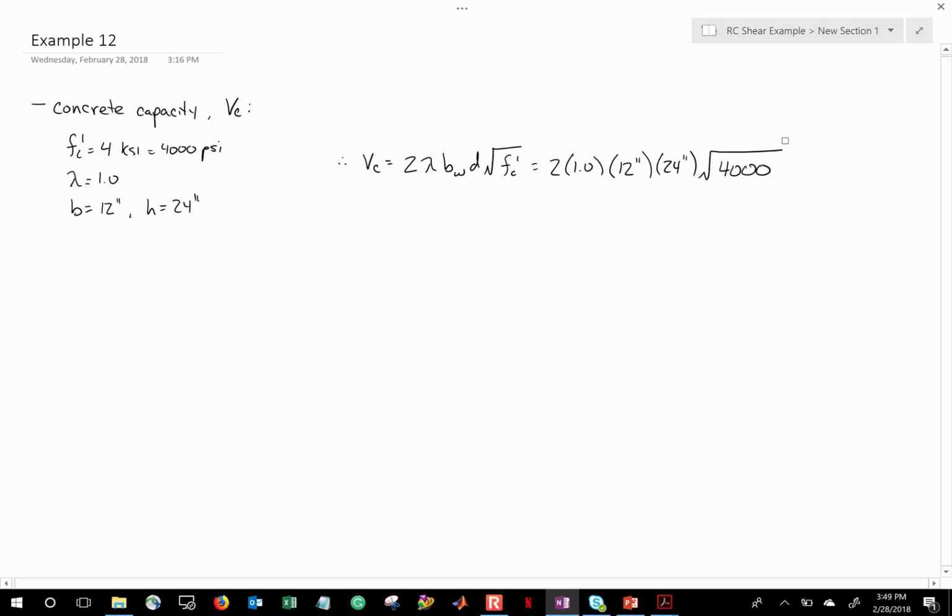And remember, square root of FC prime, you always put in PSI and you always get out PSI.